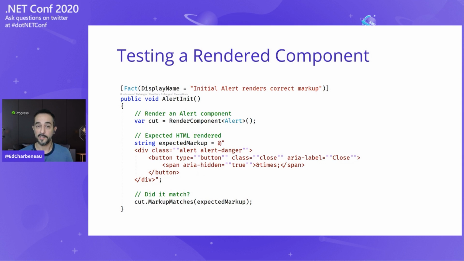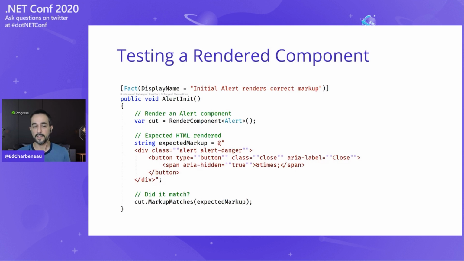So let's take a look at what a bunit test for a Razor component would look like. It looks awful similar to an XUnit test because it's actually leveraging the XUnit library. You can also use other test unit libraries with it, but I'm using XUnit with it.